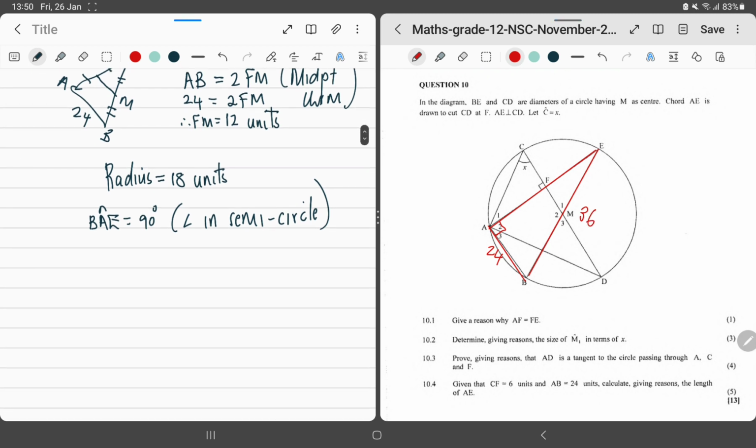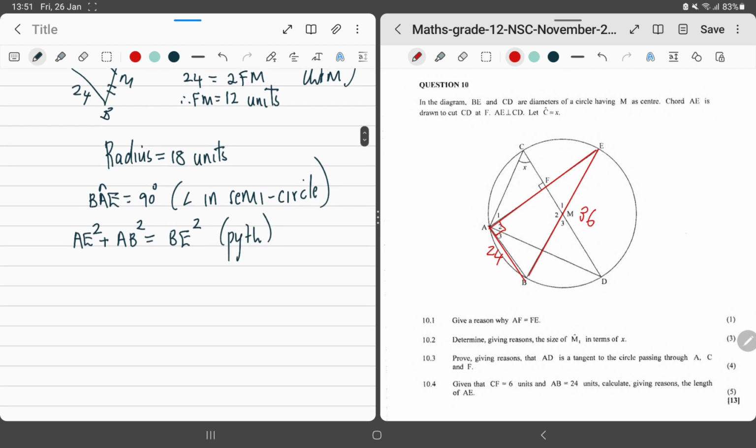Now I can apply the theorem of Pythagoras. And I would say AE squared plus AB squared is equal to BE squared. Pythagoras: AE, that's what I'm looking for.